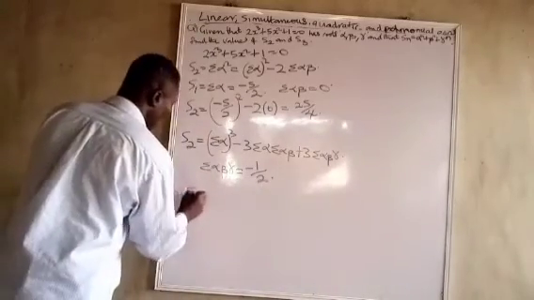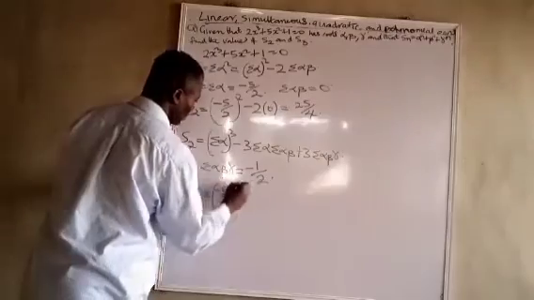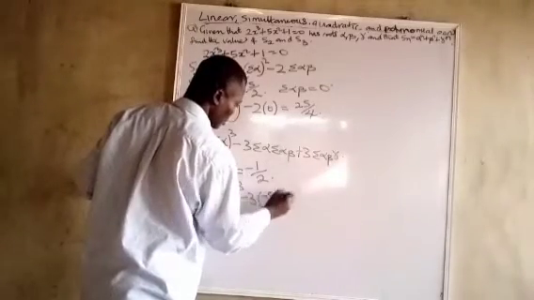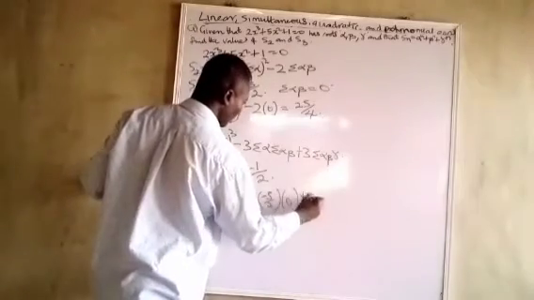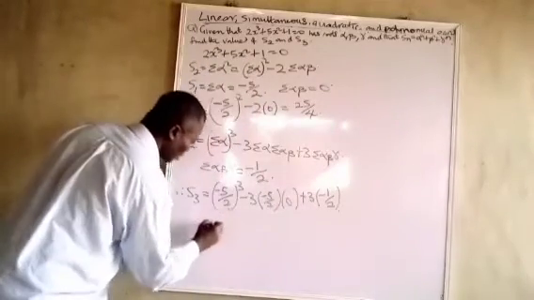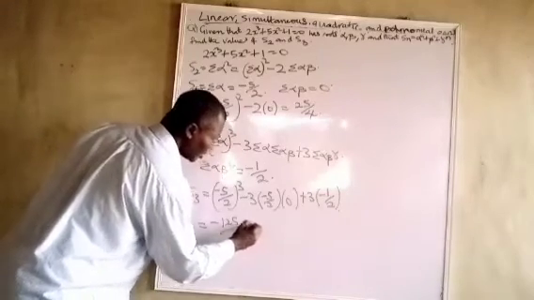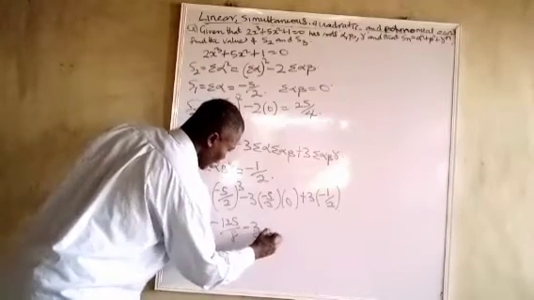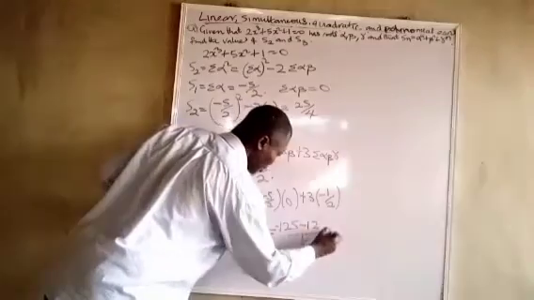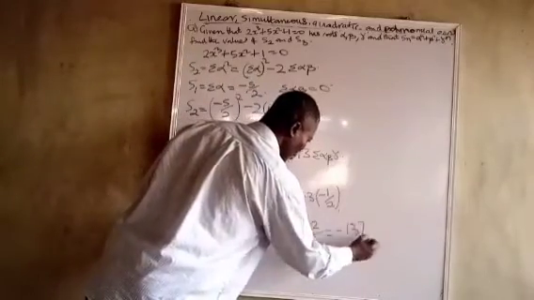Therefore, s3 is equal to minus 5 over 2 cubed minus 3 into minus 5 over 2 times 0 plus 3 into minus half. And this gives us minus 125 over 8 minus 3 over 2. And that is minus 125 minus 12 over 8, which is minus 137 over 8.